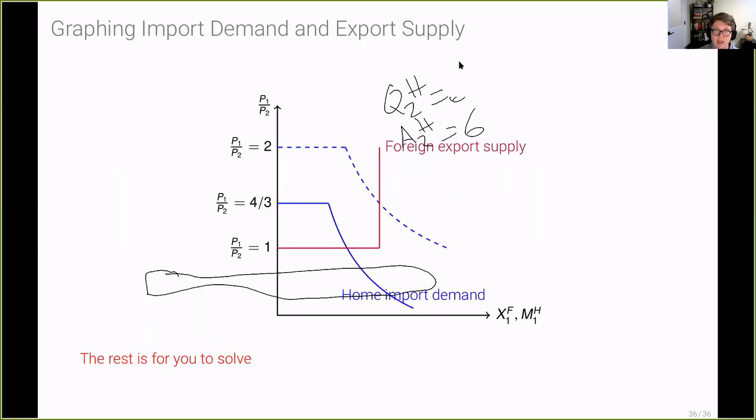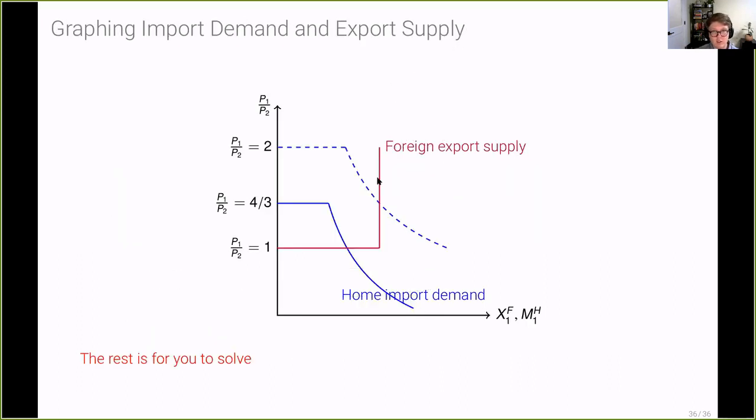To see that, if the blue dotted line was home's import demand initially, then home's import demand shifts down and to the left.